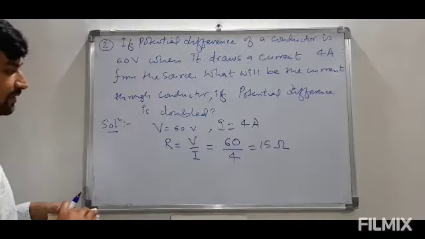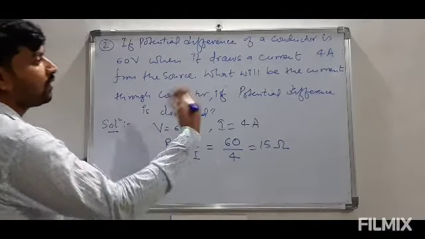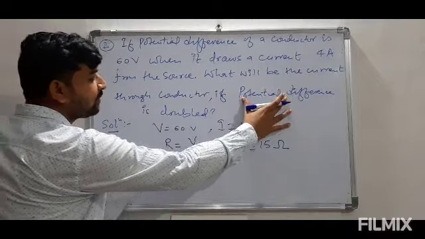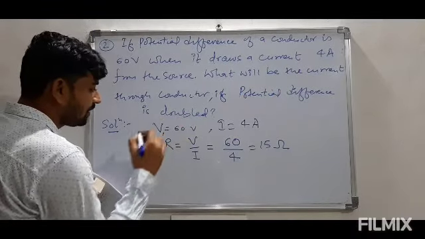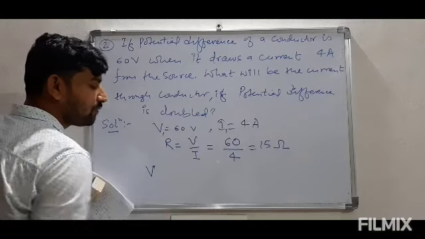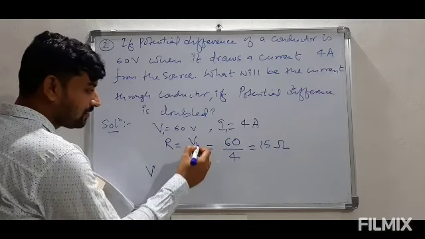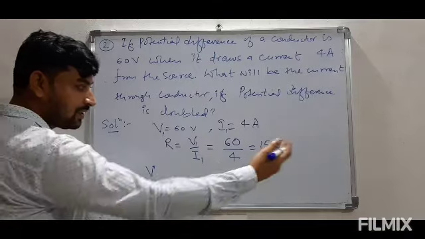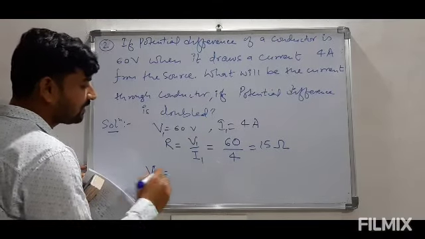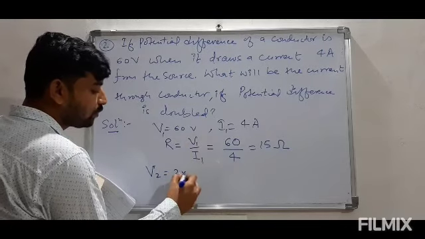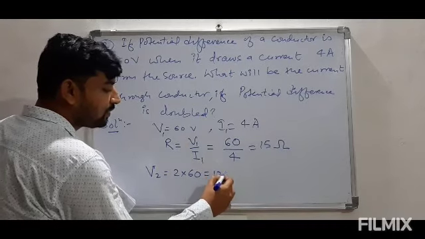So the value of R will be as it is. Now what happened? The value of potential difference is double. So let us call it V1 and this one is I1. So the resistance will be V1 upon I1, that we calculated 15. Now V2, the potential difference in the second case, is double, means 2 into 60, that is 120 volt.